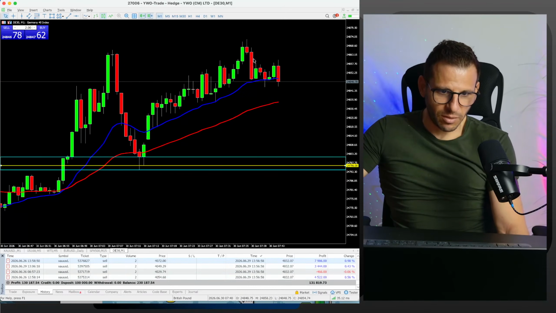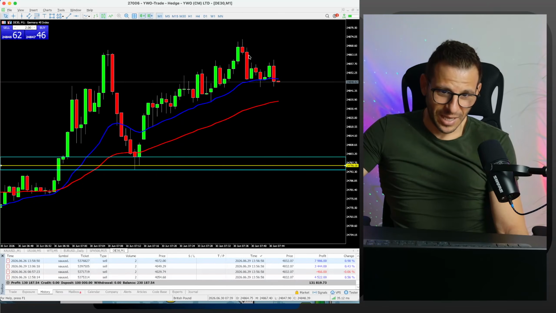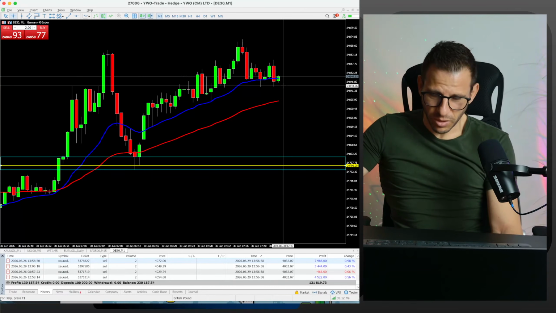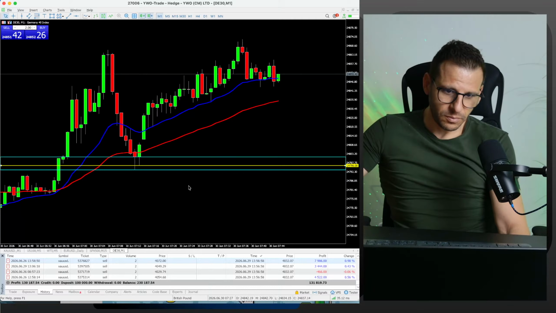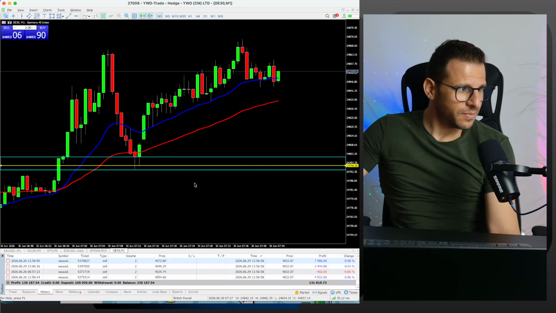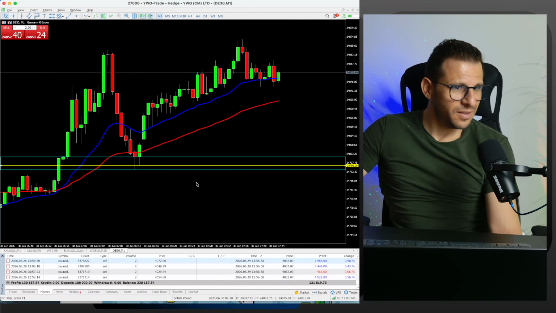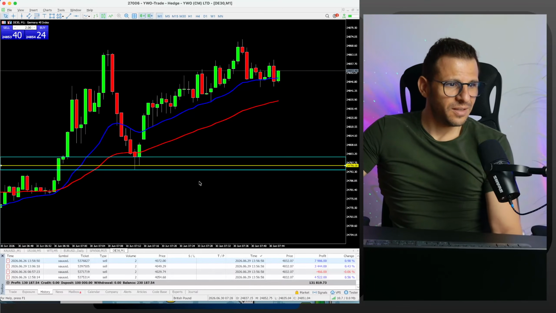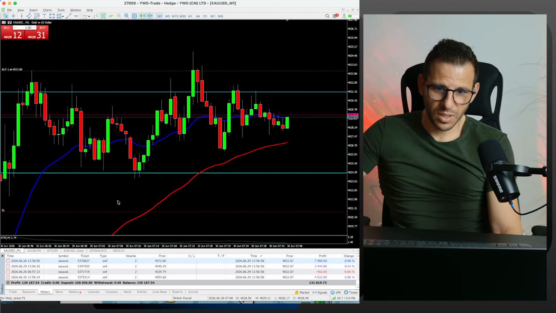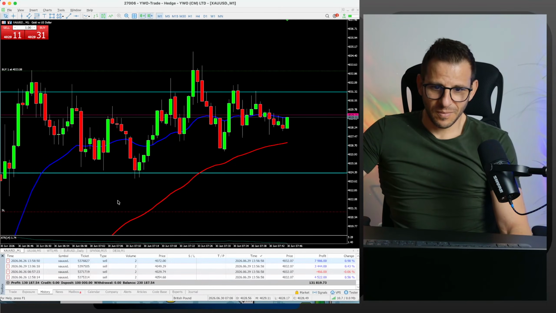This bearish candlestick, it shouldn't be that large. And now we got a bearish engulfing here, but we didn't break below this low. Hop.